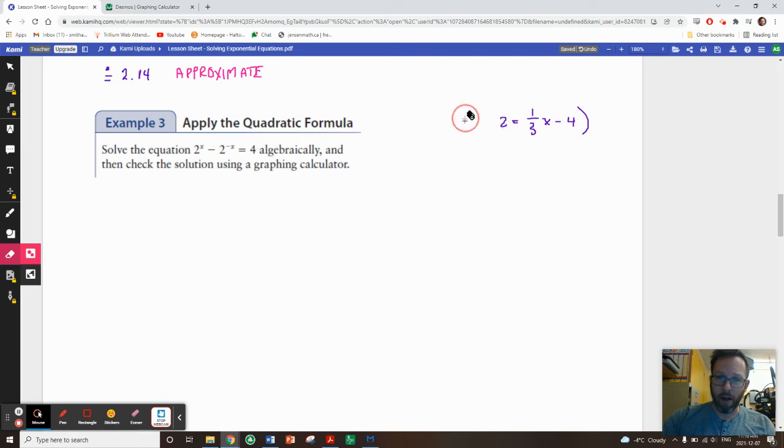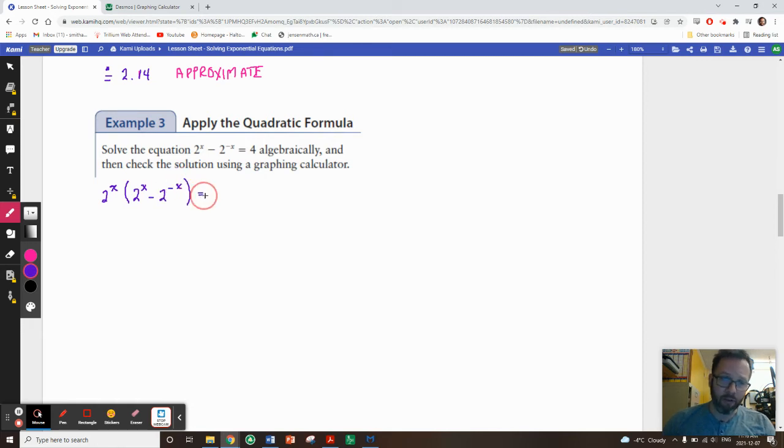We're going to make a very clever choice here. We're going to multiply by 2 to the power of negative x. So let me show you what I mean by that. So I'm going to take the left-hand side, I'm going to multiply it by 2 to the power of positive x, minus 2 to the power of negative x. And I have to do the same thing on the right-hand side, 2 to the power of x times 4.